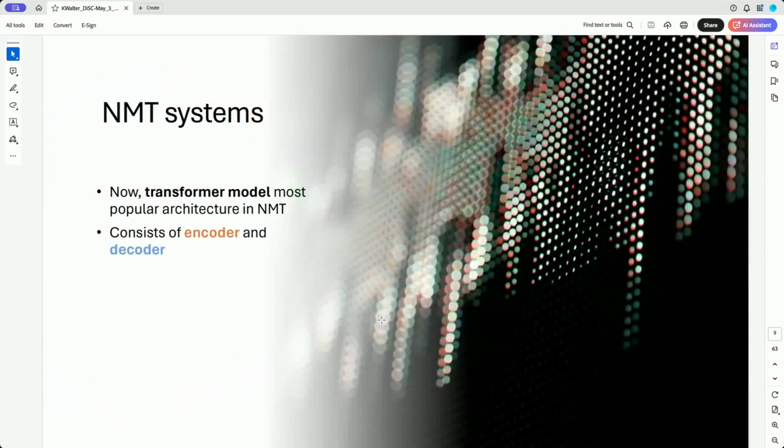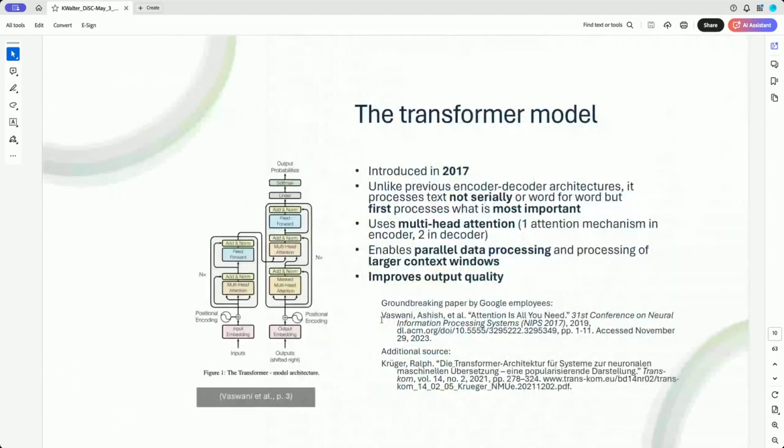So far, so good. Now, the transformer model is the most popular architecture in neural machine translation, and it consists of an encoder and a decoder. It was introduced in 2017 by a group of Google employees. Unlike previous encoder-decoder architectures, it processes text not serially or word for word, but it learns to first process what is most important.